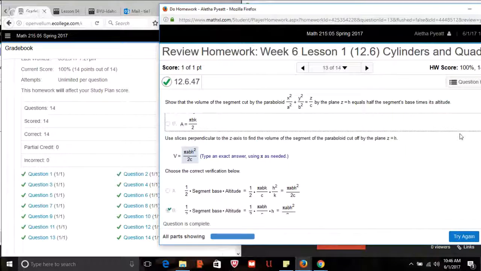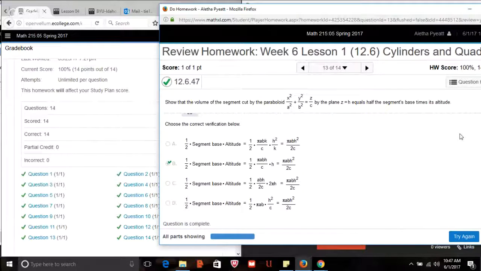Okay, and then integrate it partially. Okay, then this one I don't understand how they were saying. I just knew which one was right, but segment base times the altitude.